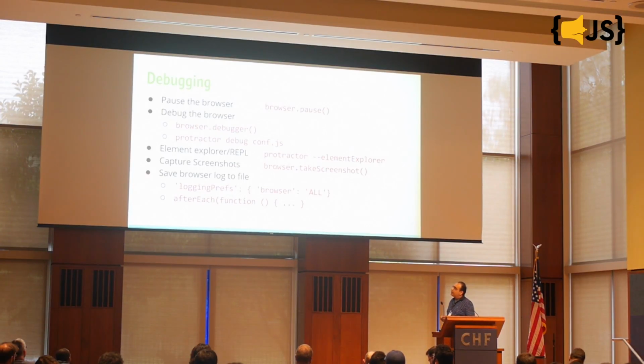You can also run Protractor in interactive mode. It's called Element Explorer. When you do this, it will not load your entire test suite into memory. It will allow you to pick any website, and then you can run your commands against that site. Eventually, it lets you test your Protractor commands and your selectors.